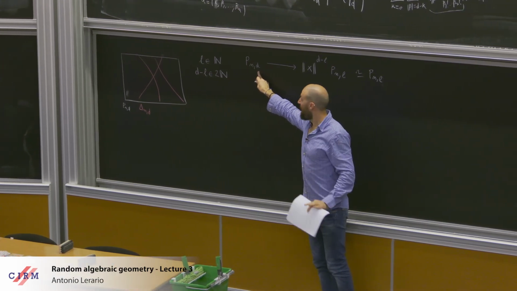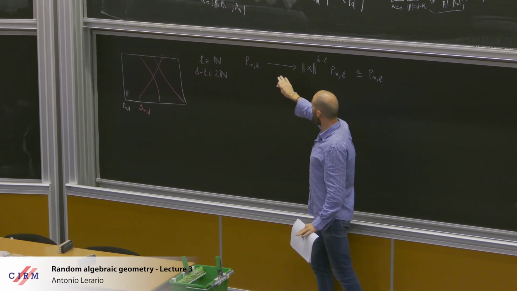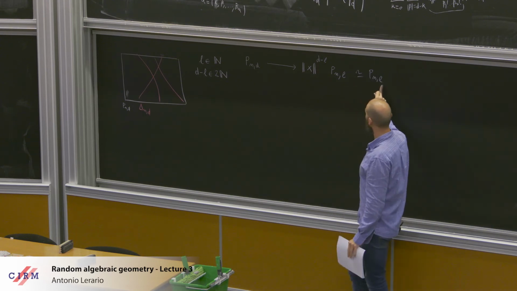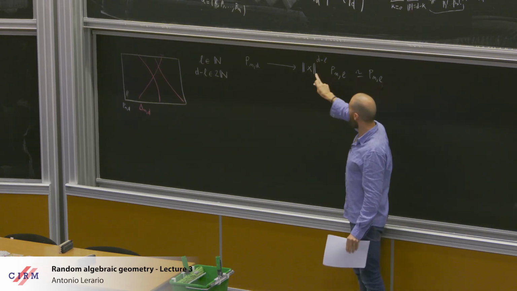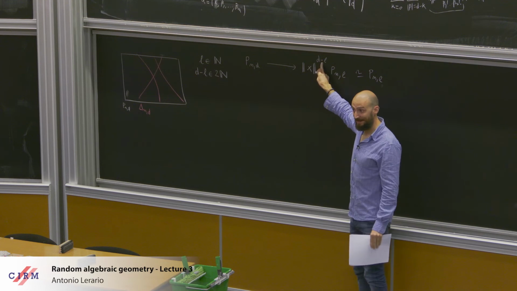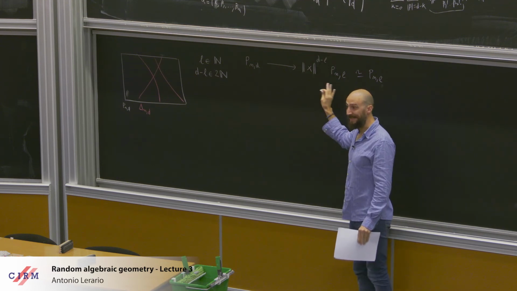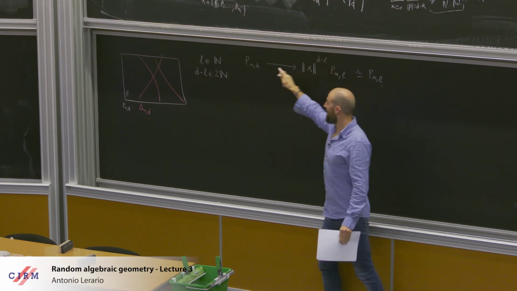Take a polynomial of degree L, multiply by norm of x to the power d minus L, you get a polynomial of degree D. So it sits inside this.